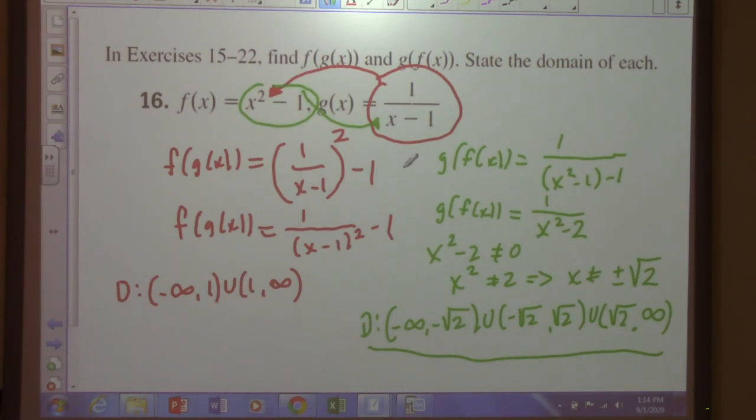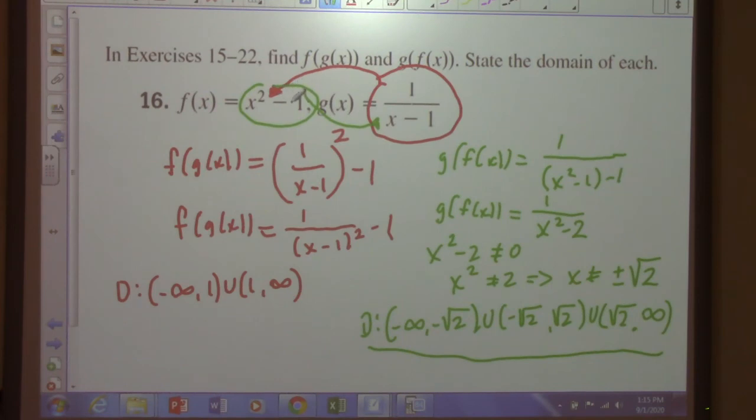I don't understand. You don't? What part do you not understand? I understand the first part, where we got the 1 over x minus 1 squared minus 1. But then when we plug that into the other one. The red one or the green one? When we plug the red one into the green part.